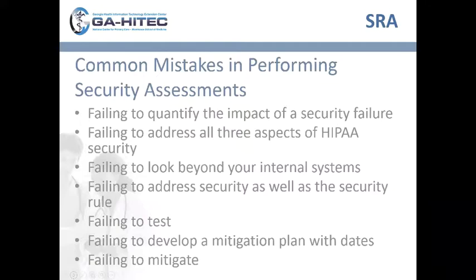There's no mitigation plan with dates, and you will fail an audit for promoting interoperability now. And then, of course, failing to mitigate something. If you see you've got a problem, and a year later you still have the problem, and then you get audited 4 months later and you still haven't fixed that problem, that's a bigger problem than you know. So if you find you have an issue, fix the issue.